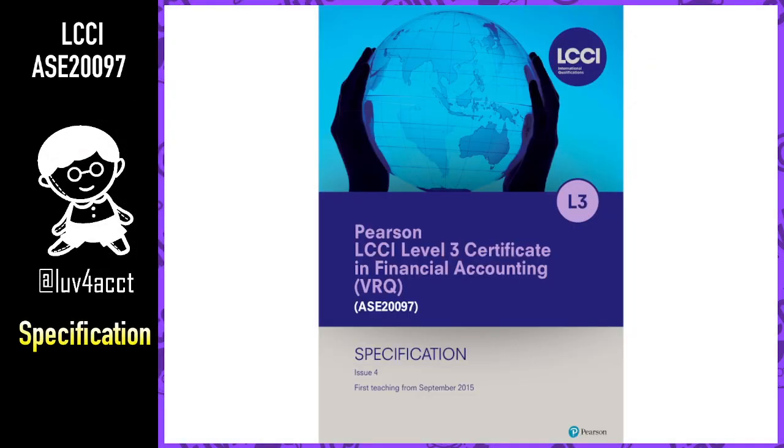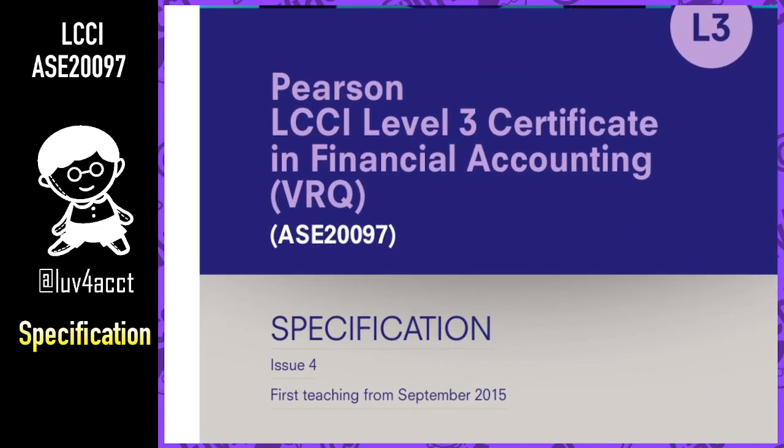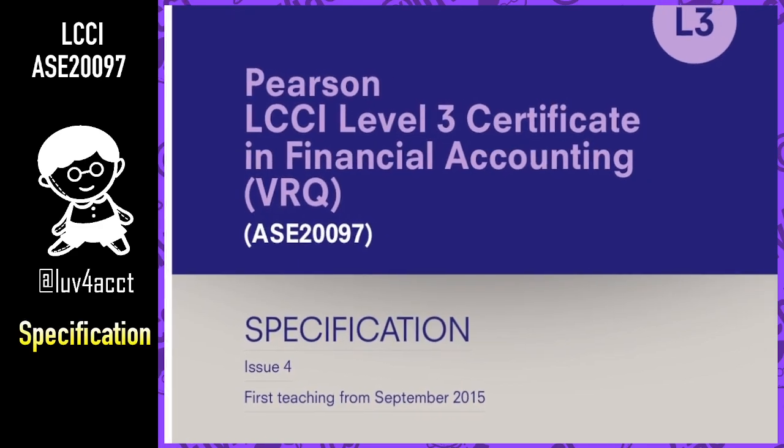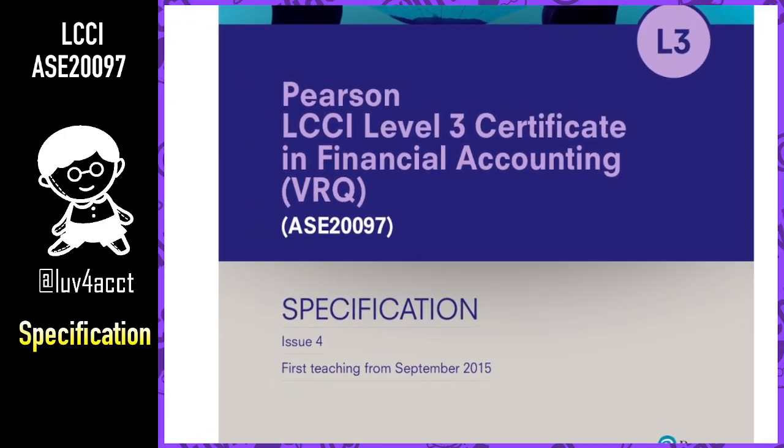What we are going to do first, because today we are not working on the papers, is talk about the specification, get everyone ready and also get myself ready. So this level 3 financial accounting spec, what is in there? What do we have to learn in order to get a good result in this exam?